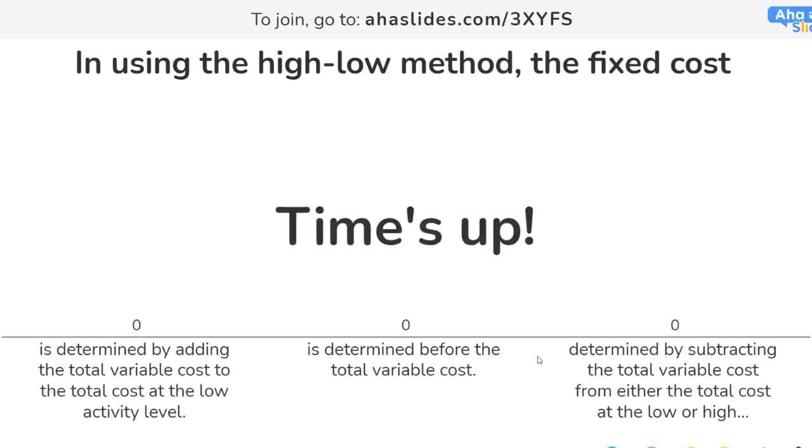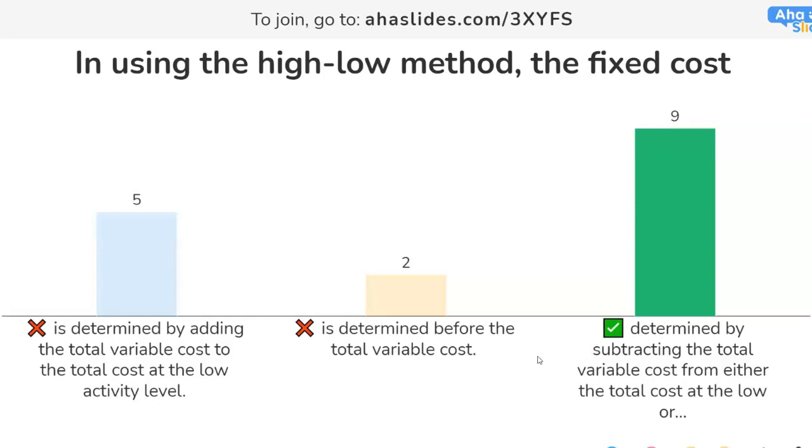What do we got? Yeah, no, the answer is we determine the fixed cost by subtracting the variable cost from the total. Some sad faces here, some happy faces.